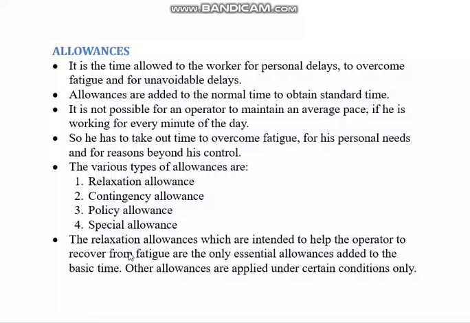Of these 4, the relaxation allowance, which is useful for the operator to recover from fatigue, is the only essential allowance added to the basic time or normal time. Other allowances are applied only under certain conditions.